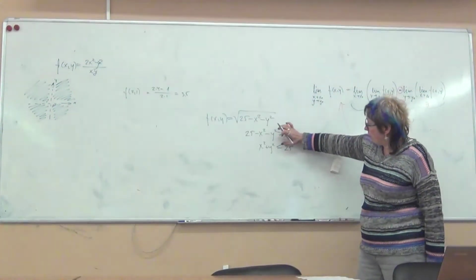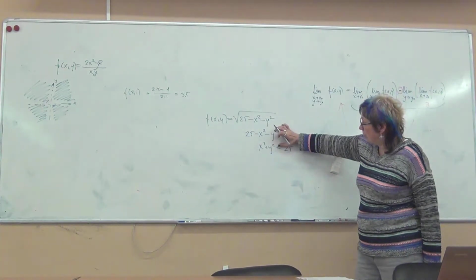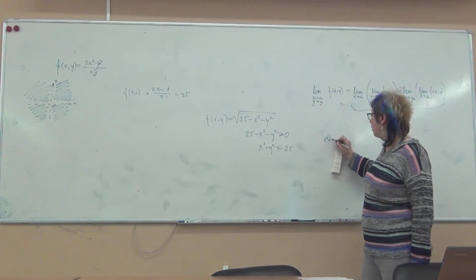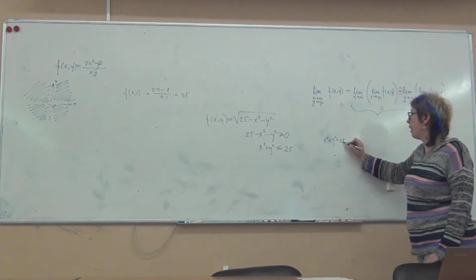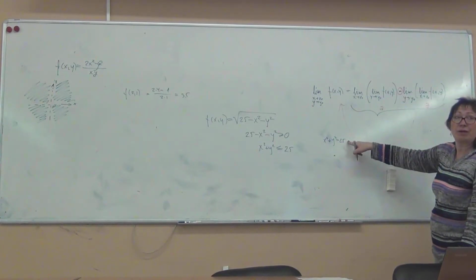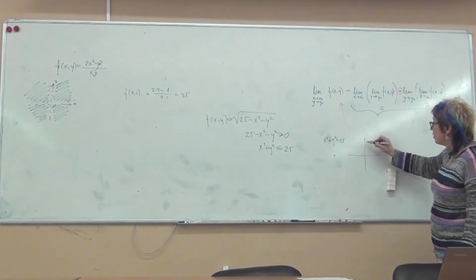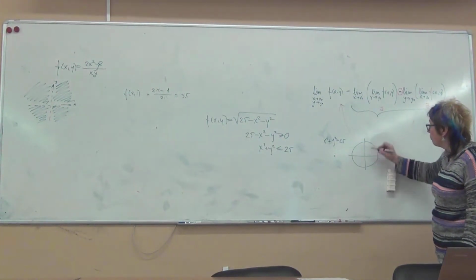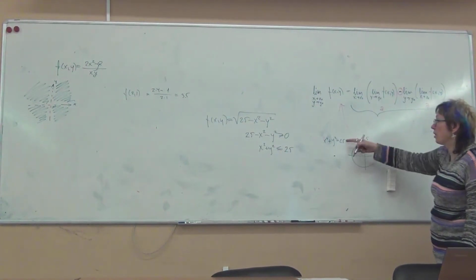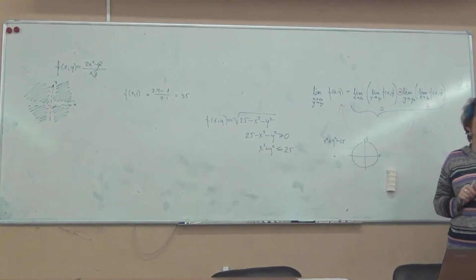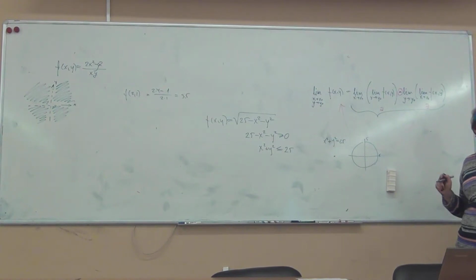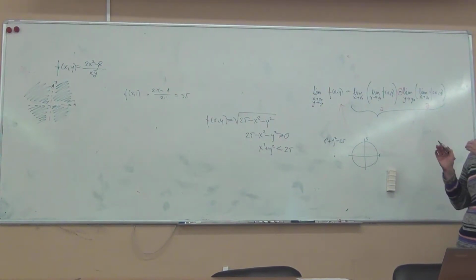If I have x squared plus y squared equals 25, what would this be? It's a circle. It's a circle with radius 5. Now, if the sum of the squares, x squared plus y squared, is less than 25, then it's inside.